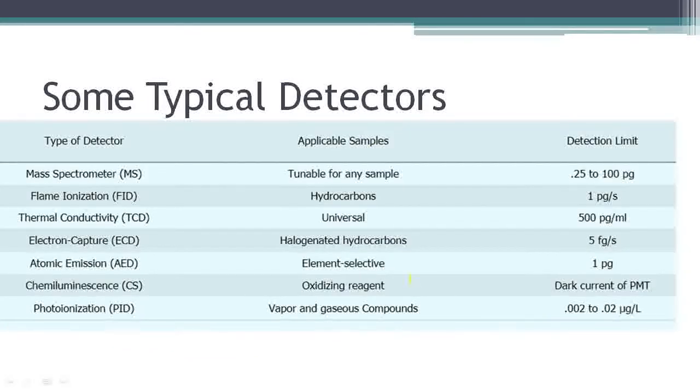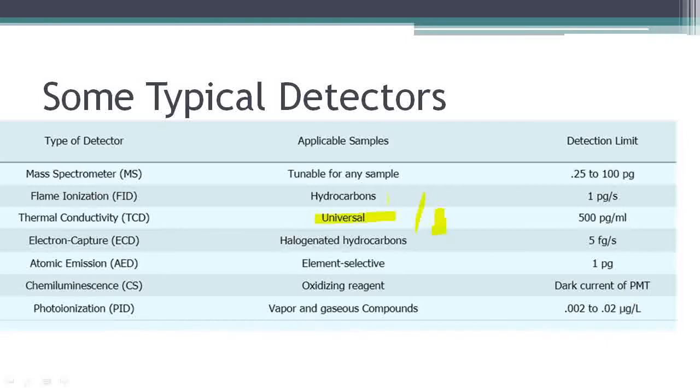Now, detectors can be classified into many categories. One of them is universal, or non-universal, or specific. We have the thermal conductivity detector. That is a universal detector, which means it can detect all kinds of sample. You can run any kind of sample.